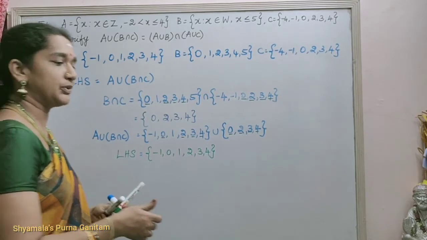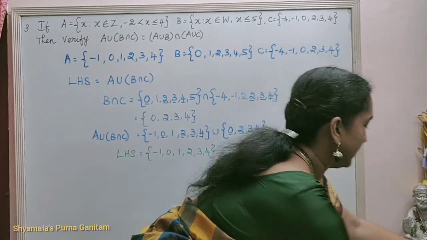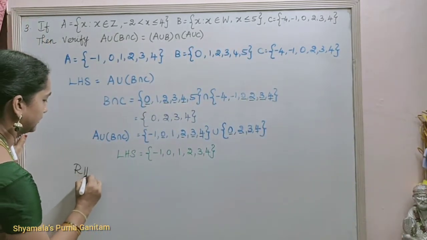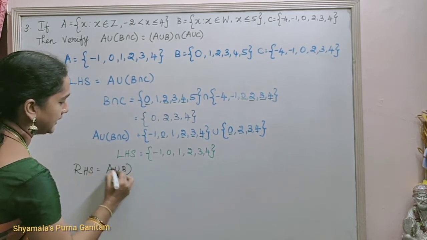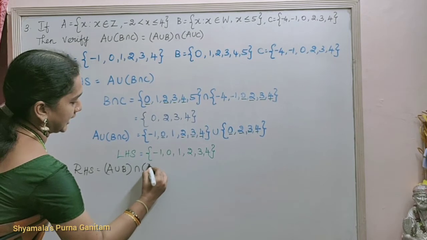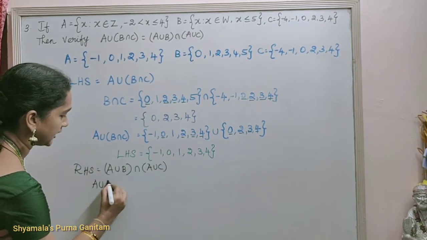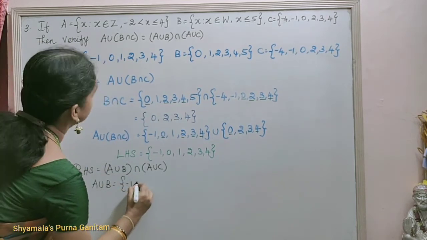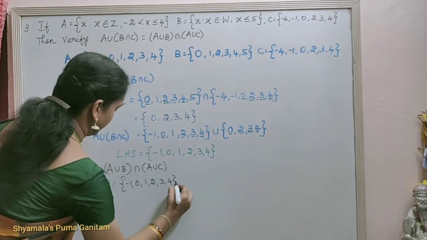Okay, so now we will find the RHS. The RHS is given as A union B intersection A union C. So first we will find A union B. Elements of A are minus 1, 0, 1, 2, 3, 4.